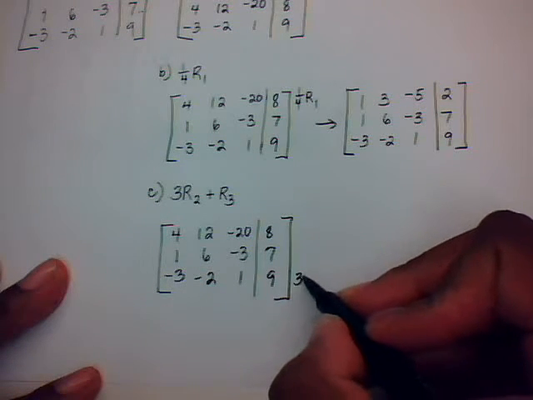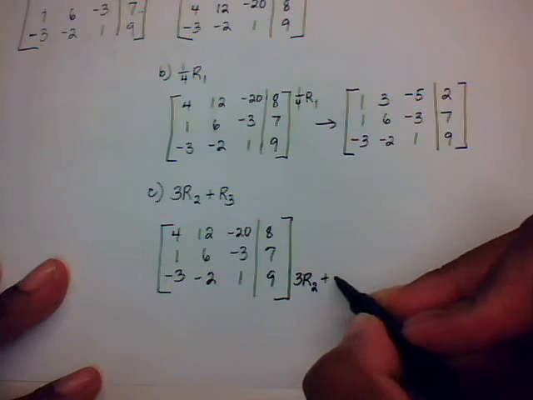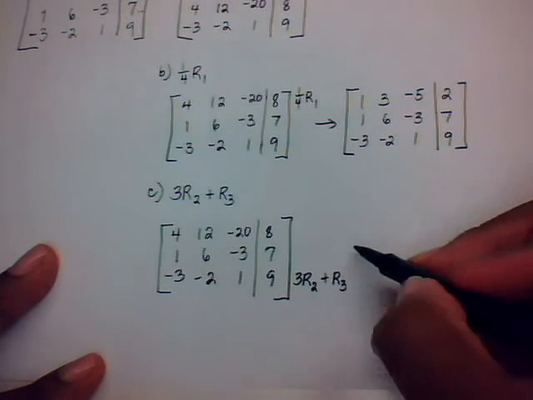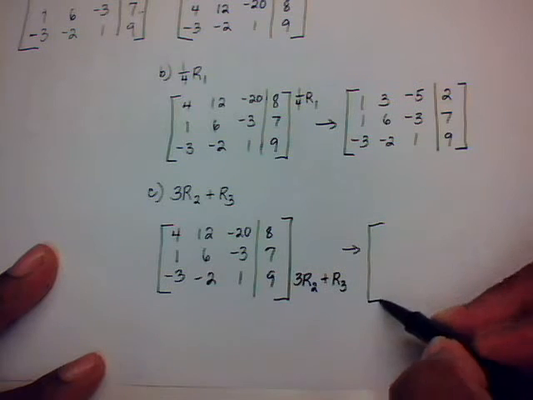Now we're going to do 3 times row number 2 and add to it row number 3. We'll come up with a new matrix here.